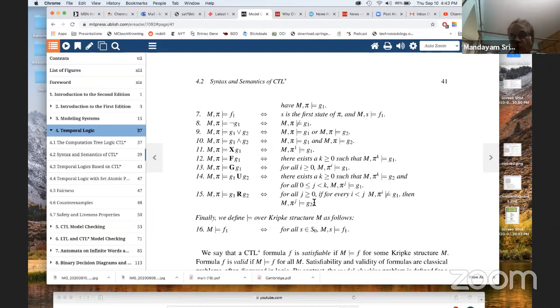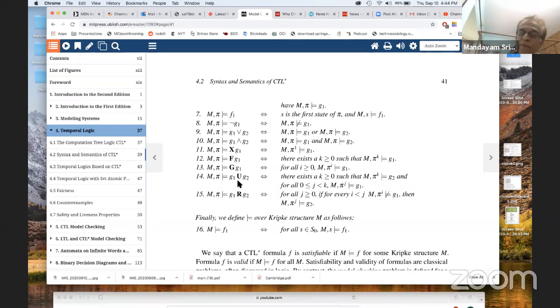Although R can be derived from the rest, it is quite convenient to have R as a dual operator, so that properties can be expressed in terms of U using negation.